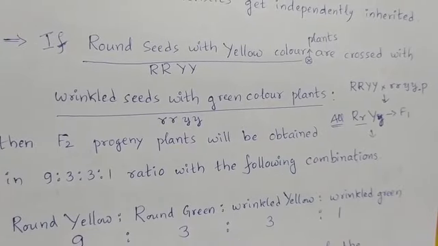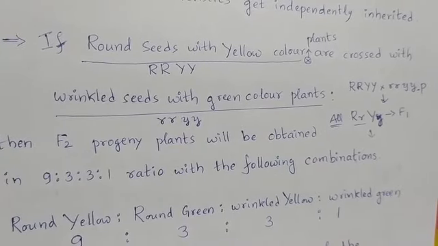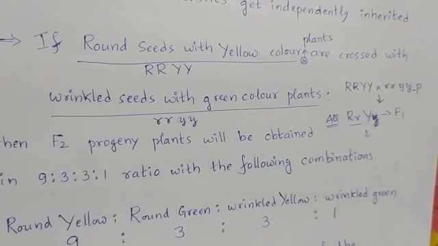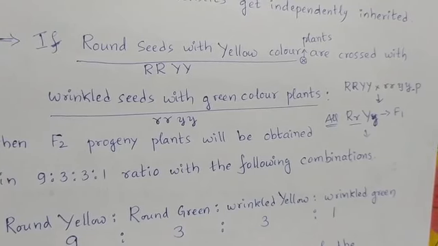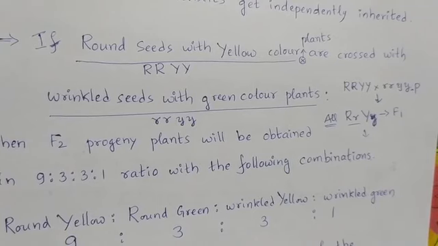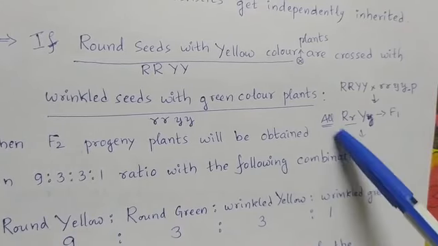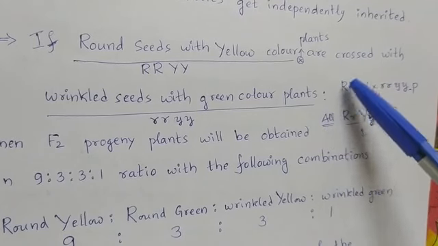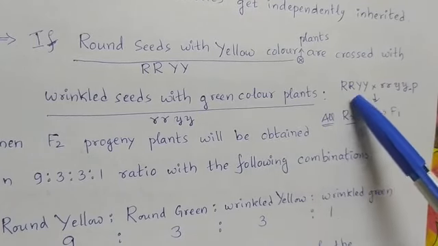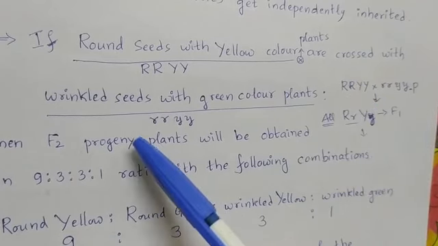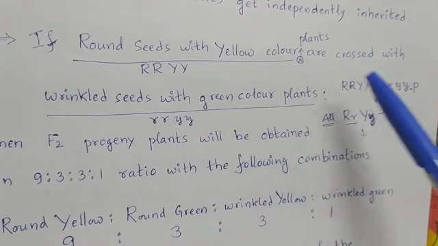See, there is one more such cross. Plants with round, yellow seeds are crossed with plants with wrinkled, green seeds. For the character roundness, capital R, and for yellow color, capital Y, are taken as symbols, and for wrinkled, small r, and green, small y, are taken.